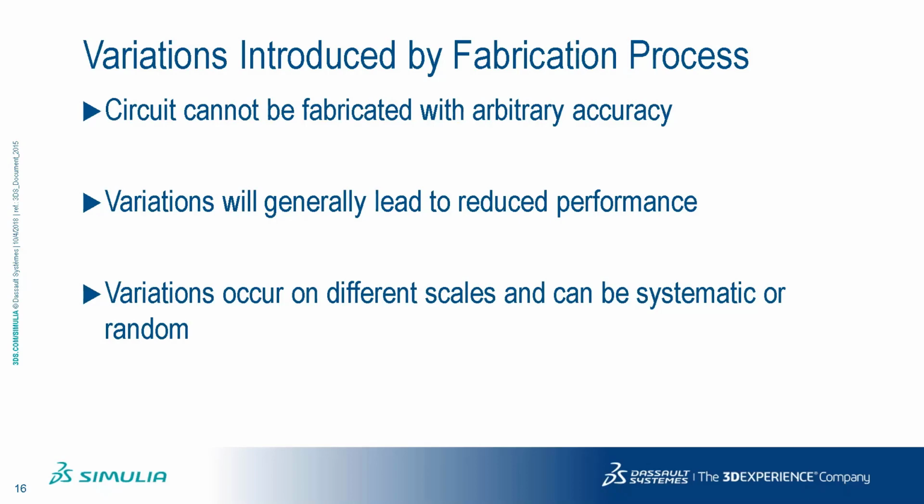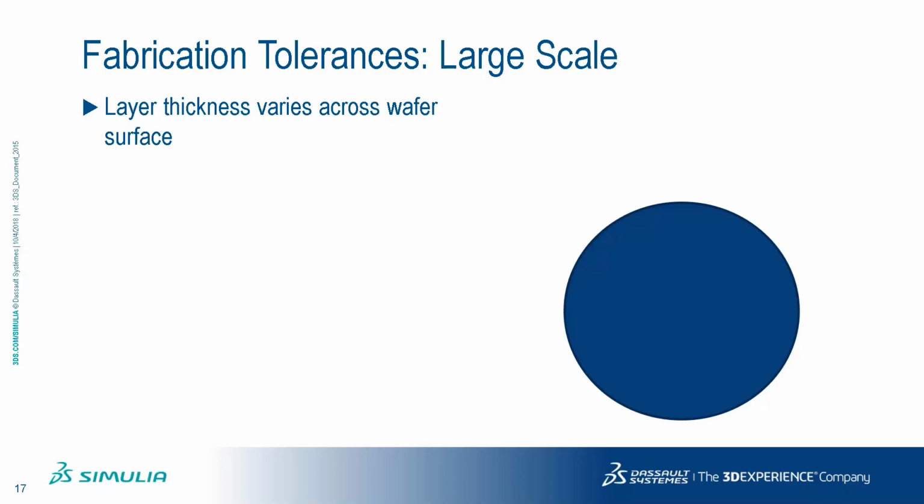I just want to briefly address three scales here. The first would be the large scale variation. If you think about a wafer, that's the little blue disk on the right here, it is a layered structure. Typically you have some sort of a substrate, then you have some active layers and so on, and maybe some cladding to protect everything on top. That layer thickness is not constant across the wafer surface.